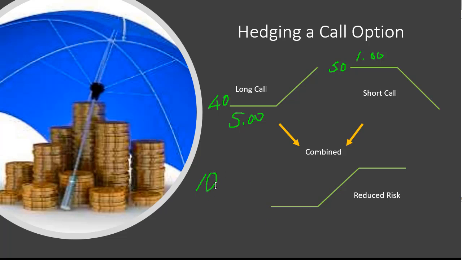So let's just do it at the actual numbers. You've got a potential of $1,000 in between the strike that you buy and the strike that you sell. You collected an additional dollar here, so you collected an additional $100, which brings us up to $1,100. And all we have to do is subtract out the cost that it took to enter that original position, minus $500.